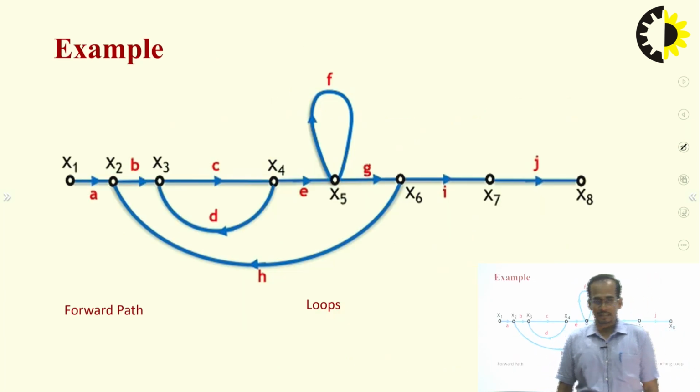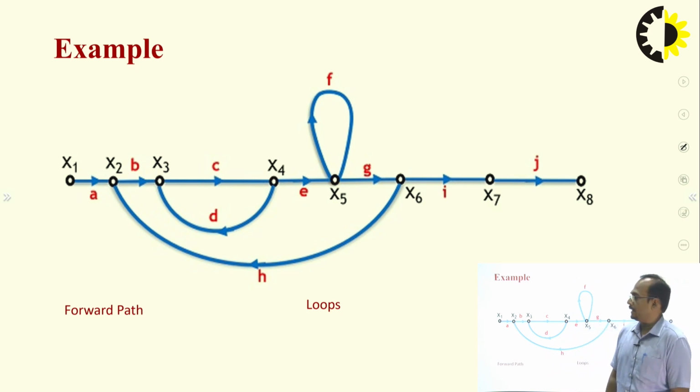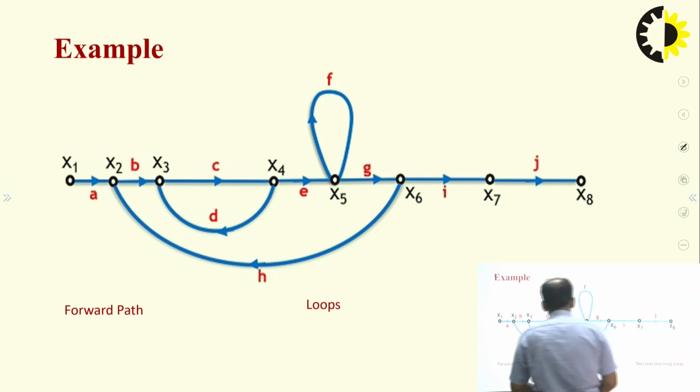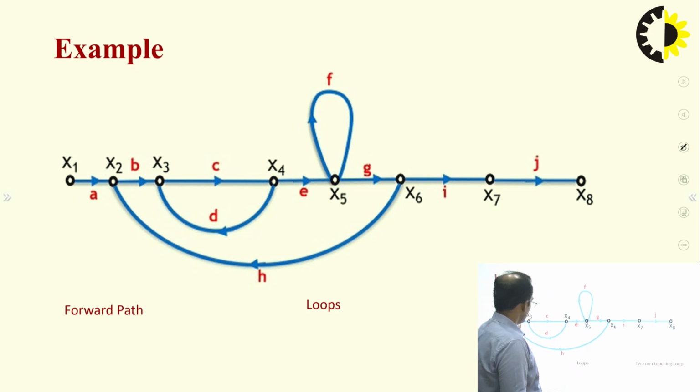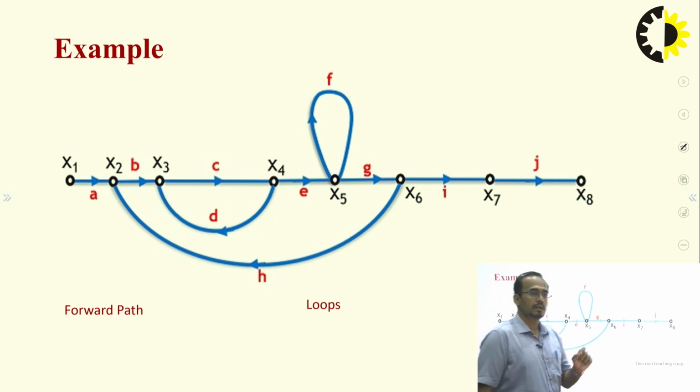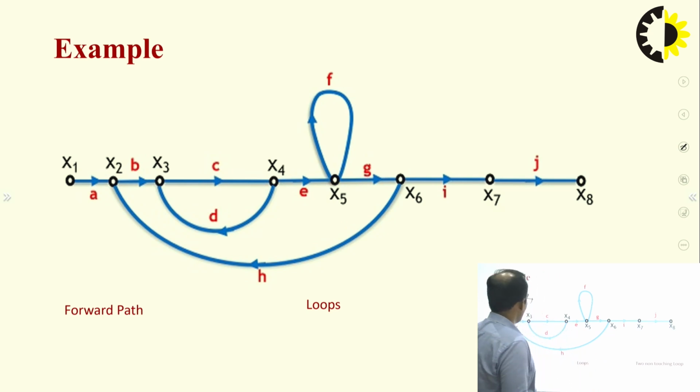How many forward paths are there, how many loops are there, and how many non-touching loops are there? Number of forward paths means the paths going from the initial node or input node to the output node. So here you have to travel from x1 to x8.